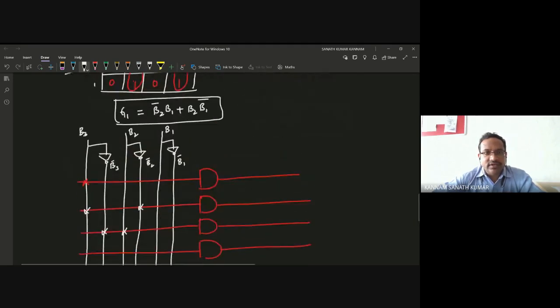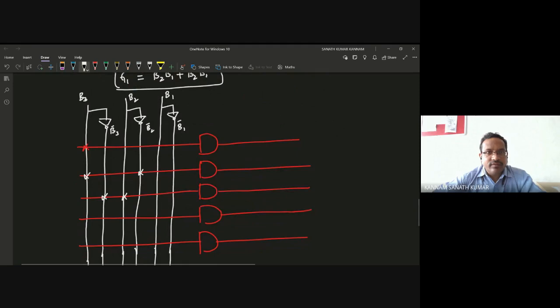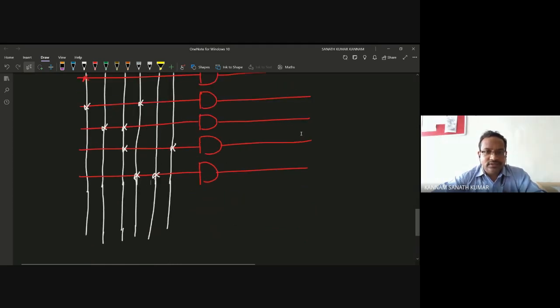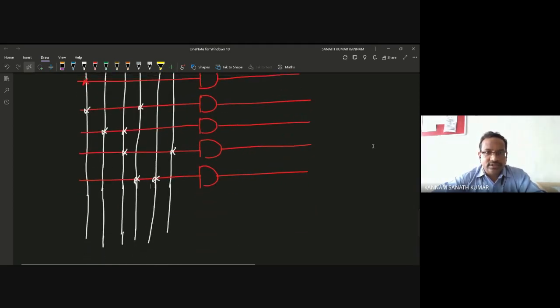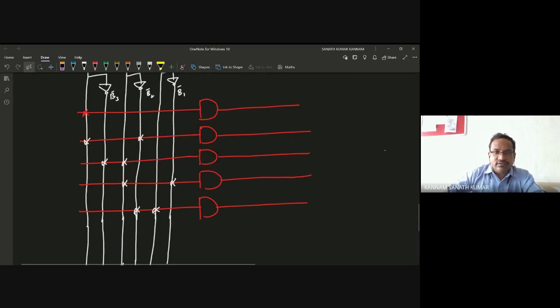And G1 equal to B2 B1 bar, B2 bar into B1. Okay, so these are the expressions. So next you need to draw the OR array.